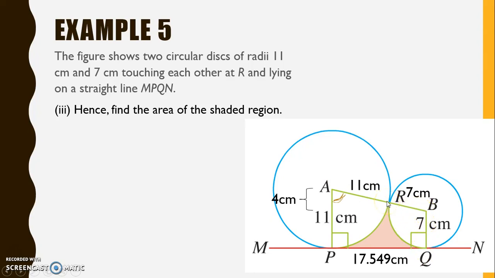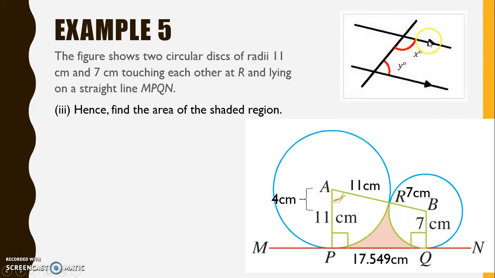Actually, yes, you can, because you can make use of the fact that these two lines are actually parallel. So just to draw you back to something that we have learned before in Sec 2, when two lines are parallel, these two angles here are called interior angles, and one of the properties of interior angles is that they add up to 180 degrees. So you see, I've already found this angle.